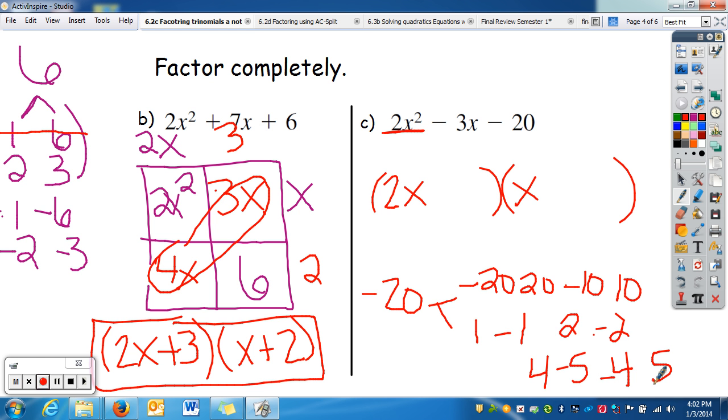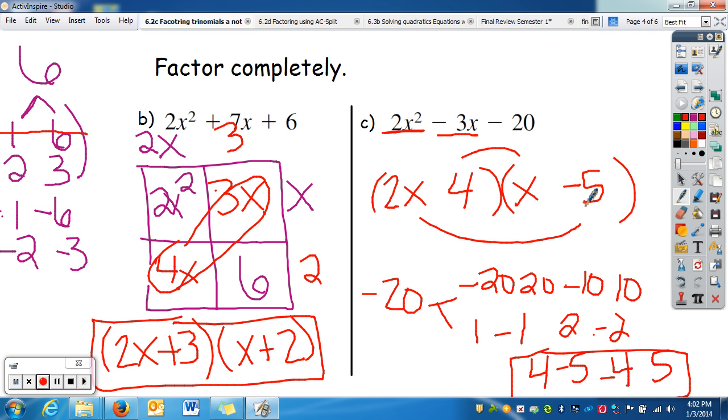And just doing inspection, the insides and the outsides need to add up to get us negative 3. I'm going to try the ones that are closer together right away because it's kind of small. So let's try 4 and negative 5. We get negative 10x and 4x, which gives me negative 6x, so that's not right.